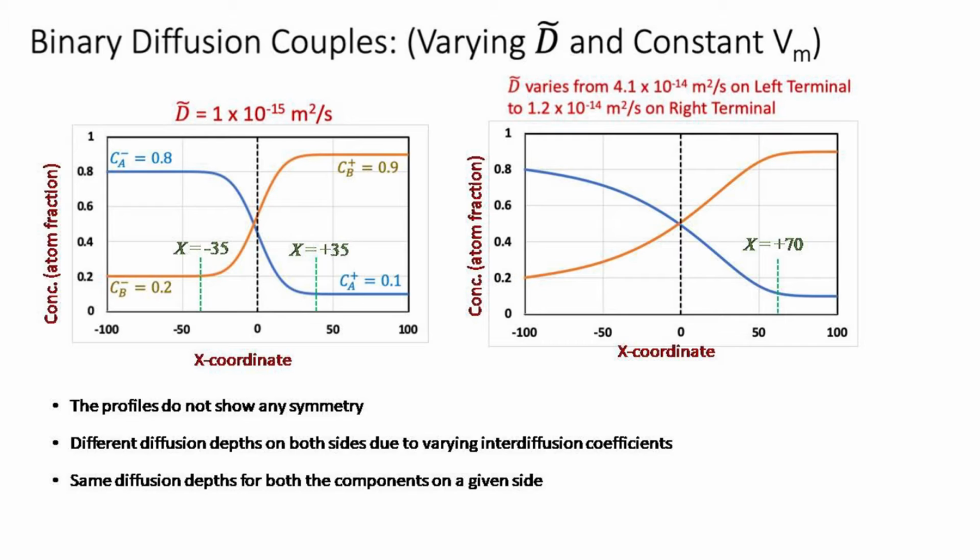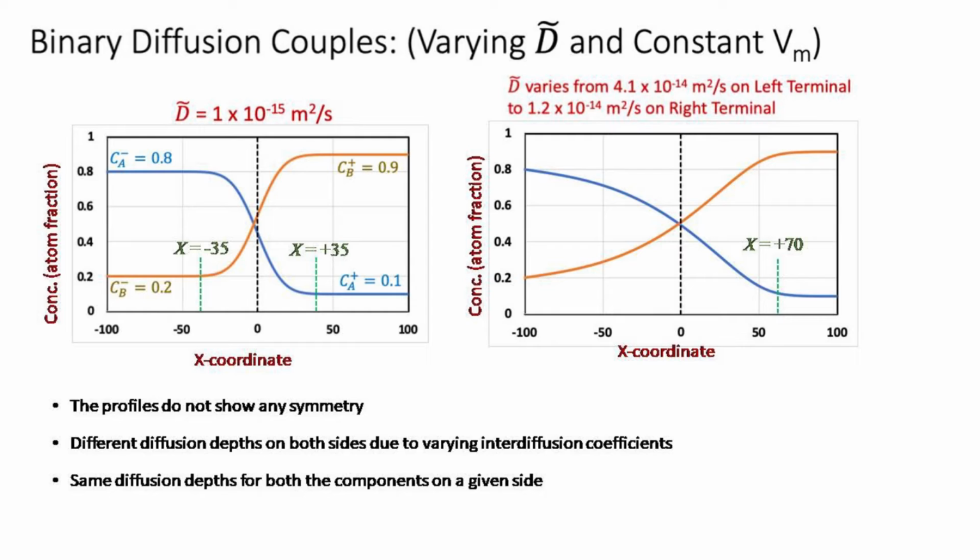Then again, since we only have one independent interdiffusion flux in volume fixed frame and when V m is constant, we have J 1 tilde plus J 2 tilde equal to 0. And so, on any side both the diffusing species should show the same penetration depth or same diffusion depth.